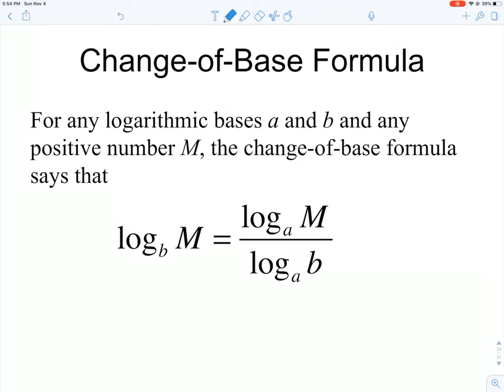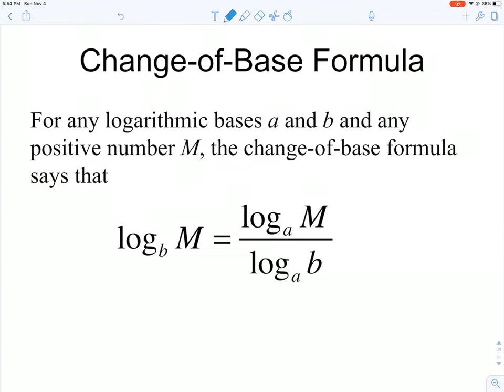Alright, change of base formula is used in different derivations that you will see next year in calculus, but it's also another way to evaluate logarithms. And you'll have the option of evaluating logarithms, or sometimes in solving equations, to apply the change of base formula.